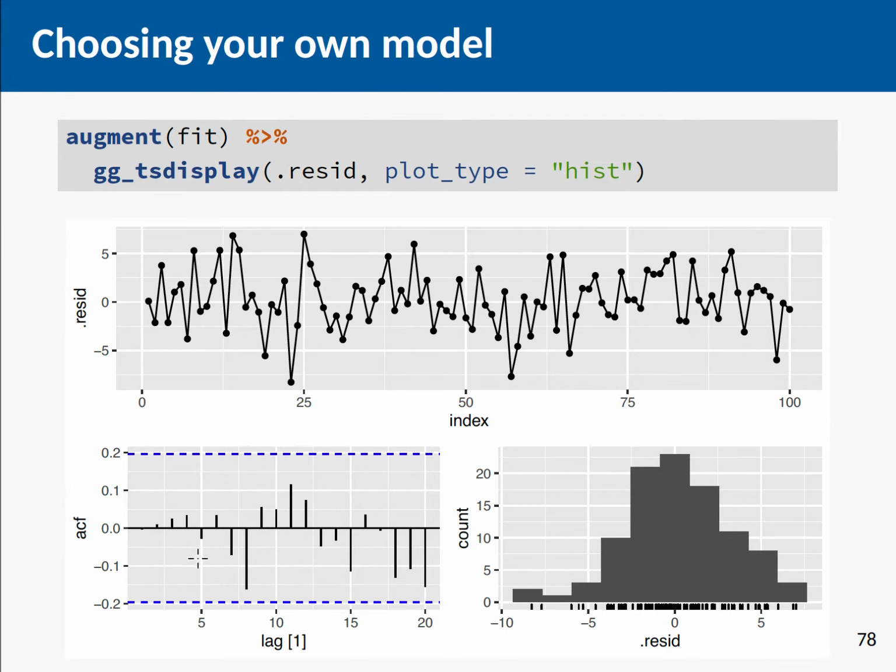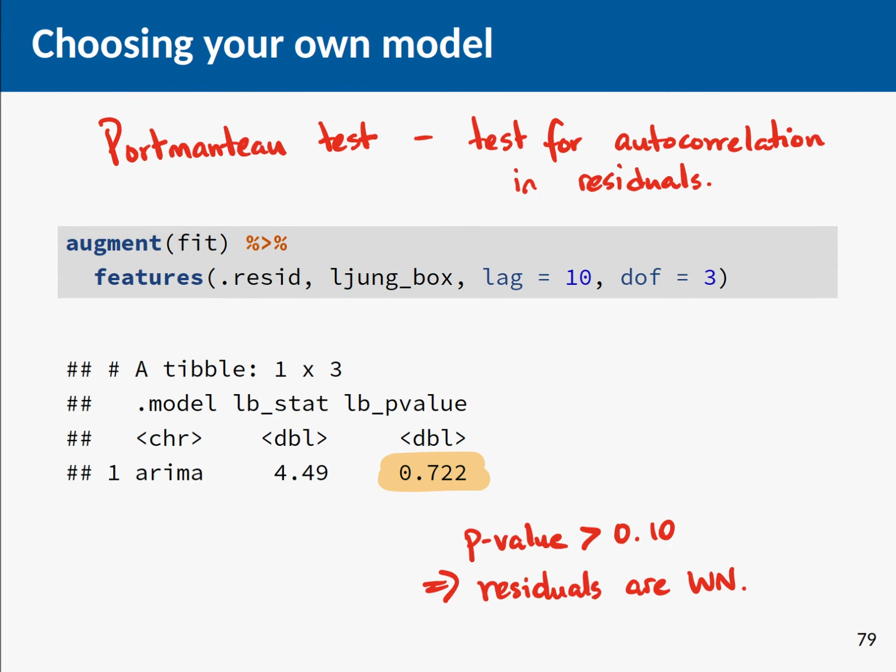You don't want these autocorrelations to be crossing the Bartlett bands. That would mean that you haven't exploited some patterns that were already existing in the data. Then there's a histogram of the residuals that is plotted here as well. But you can do a sophisticated test on this, which is a portmanteau test, a Box-Pierce or a Ljung-Box test for the model.